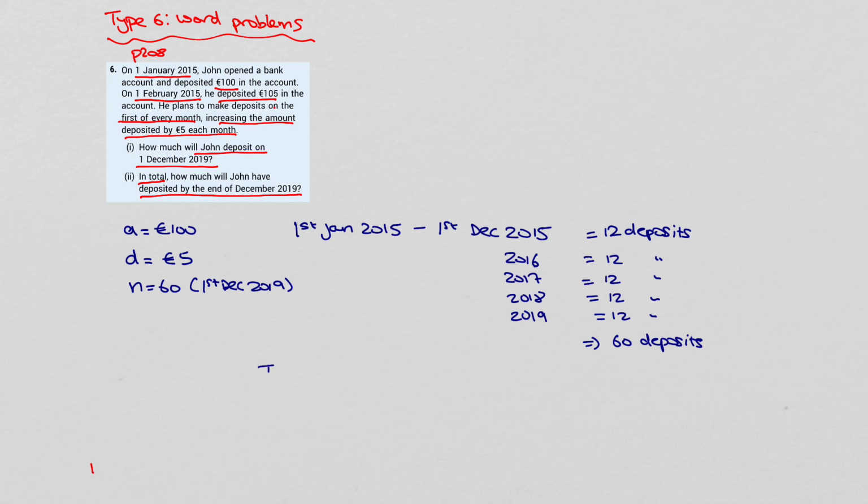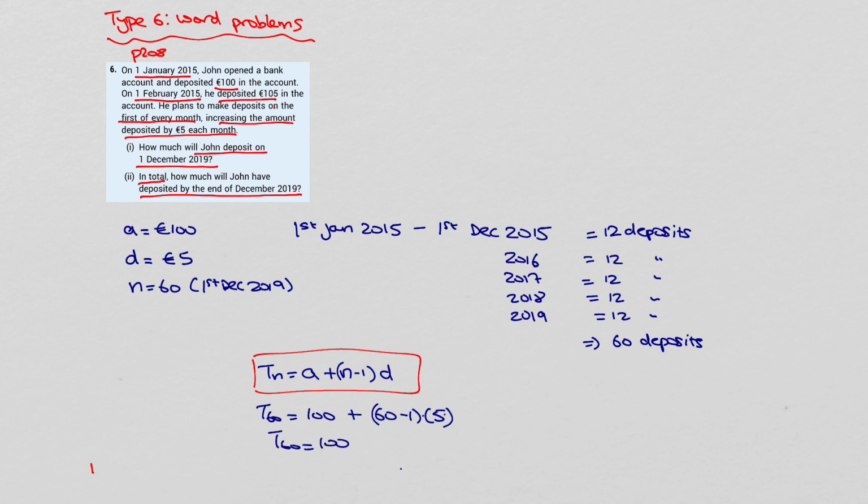So therefore we're looking for what term that represents. So because we know it's arithmetic, it's increasing by a fixed amount each time, we can use t of n is equal to a plus n minus 1 times d. And therefore, if I look for the 60th term, well, a is 100, n is 60, minus 1, times d, which is 5.